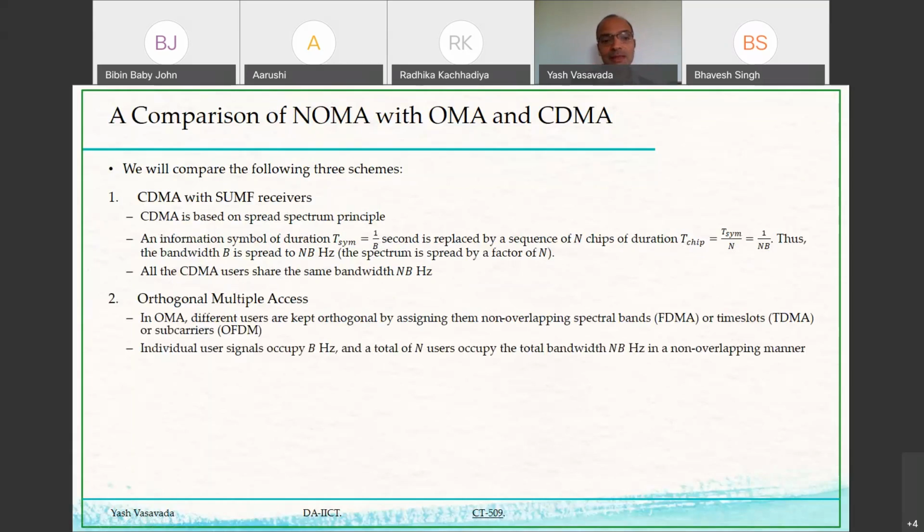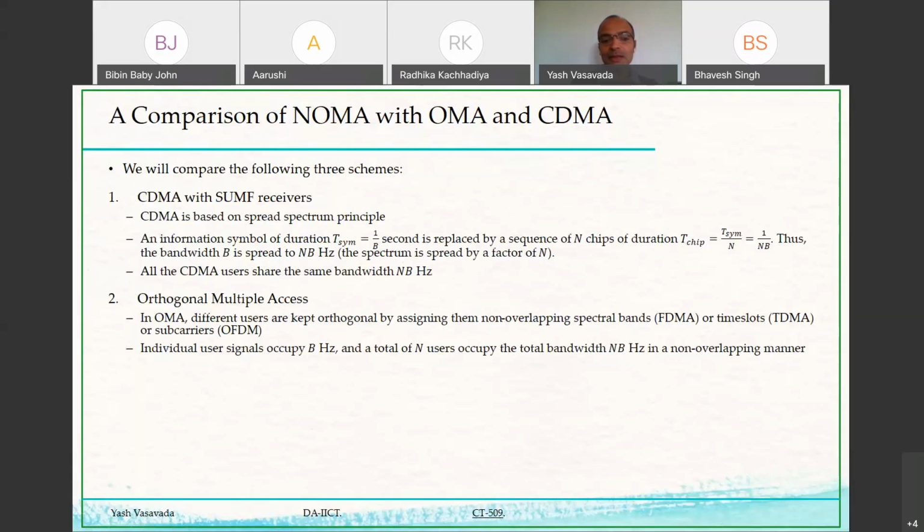In orthogonal multiple access, in contrast, the different user signals are not spread, but they are assigned different portions of the spectrum.